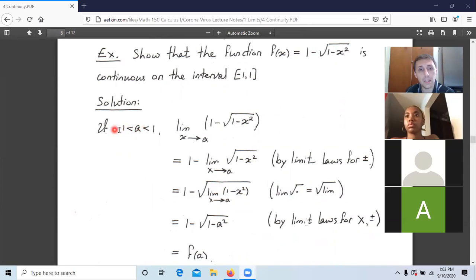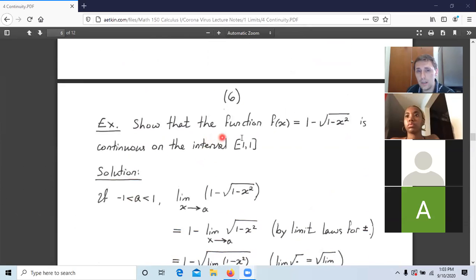So if the number at which I'm calculating the limit is between -1 and 1, by the way, guys, what is it that I'm trying to show? When I say show that the function f of x equal to 1 minus root of 1 minus x squared is continuous everywhere, very simply, what is it that I'm trying to do?